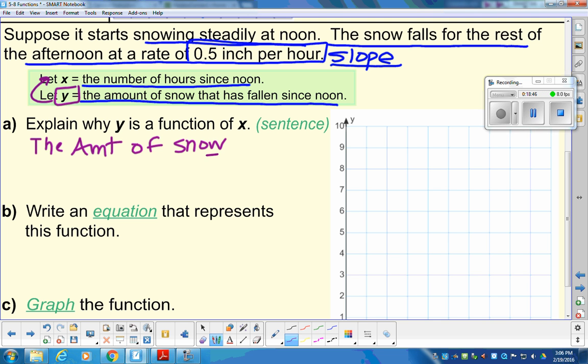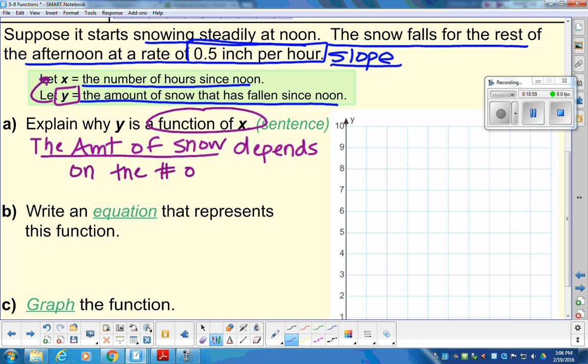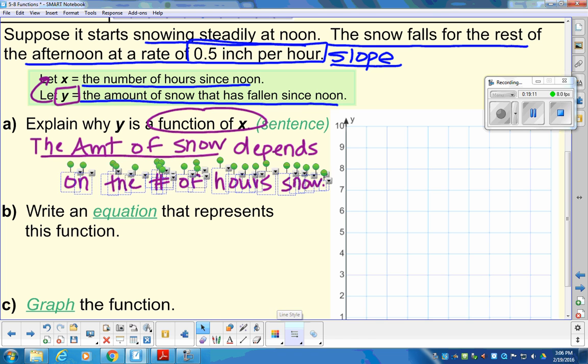So the amount of snow is a function because it depends on the number of hours it's been snowing. So the longer it's been snowing, the more snow we would have. So yes, it's a function because the amount of snow depends on the number of hours it's been snowing. I ran out of room here, so I'm going to move that over.